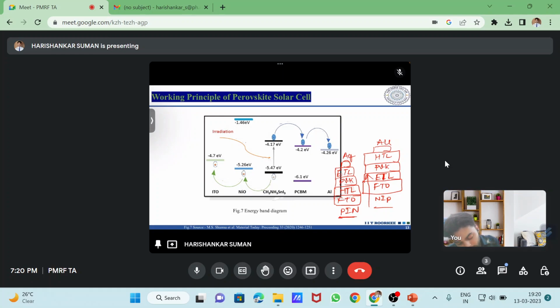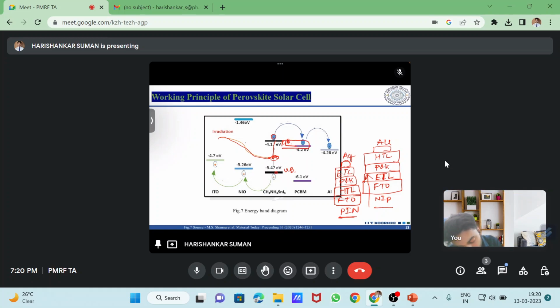When light is incident, an exciton is created, then it dissociates, into the conduction band and valence band. Electron from the conduction band, energy is minimum here, you can see.